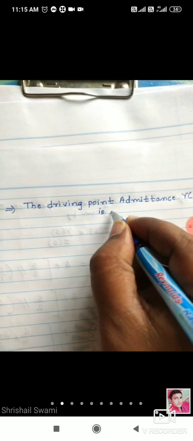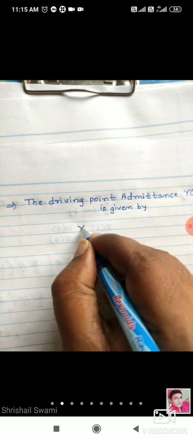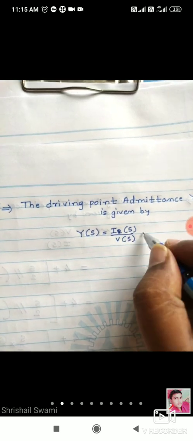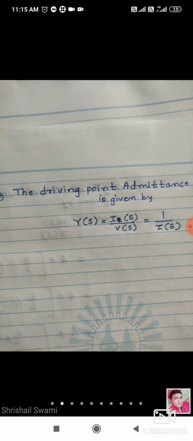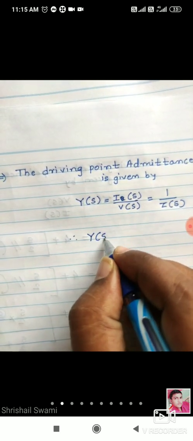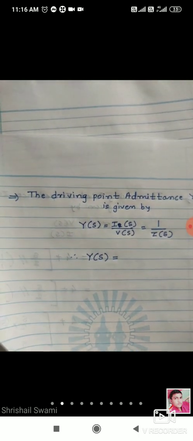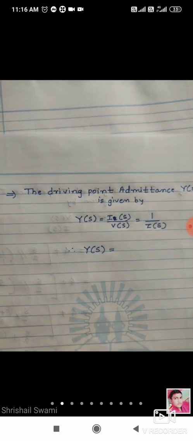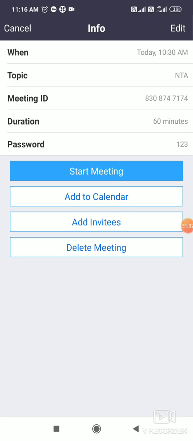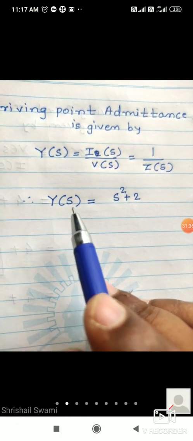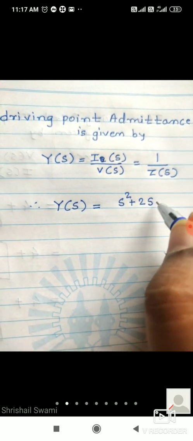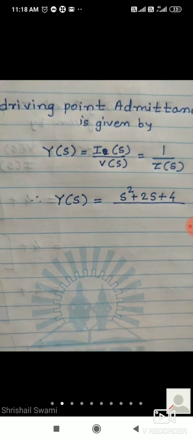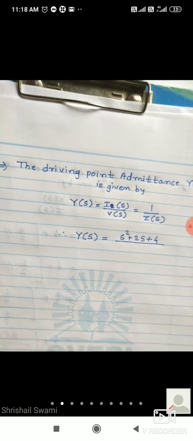The driving point admittance Y of S is given by Y of S is equal to I of S divided by V of S, that is equal to 1 upon Z of S. Already Z of S is calculated, so just take the reciprocal: the denominator term becomes the numerator and the numerator term becomes the denominator. So Y of S is equal to S square plus 2S plus 4 divided by 5S square plus 10S plus 16.